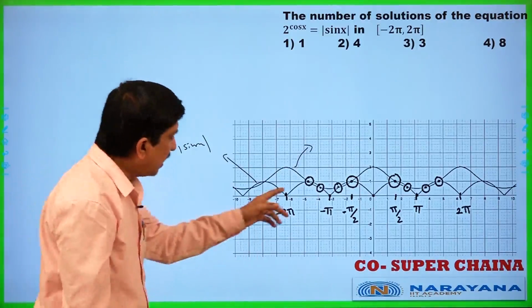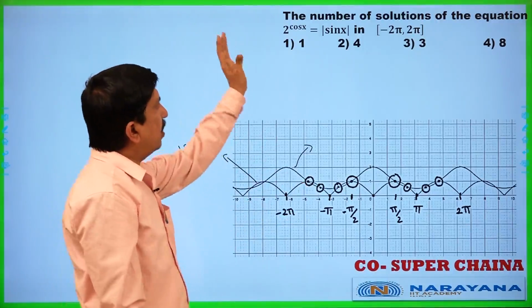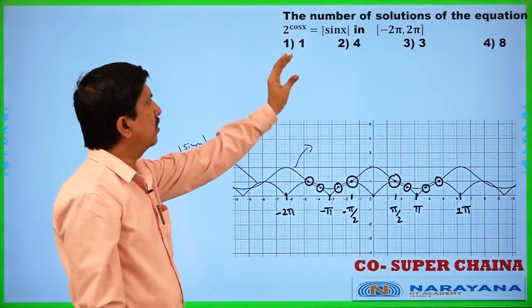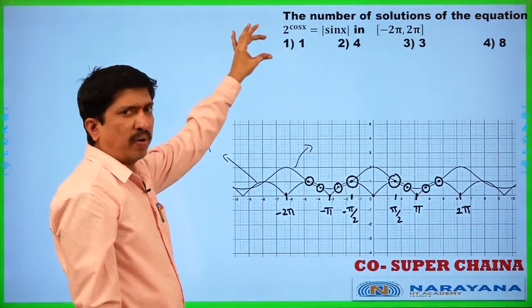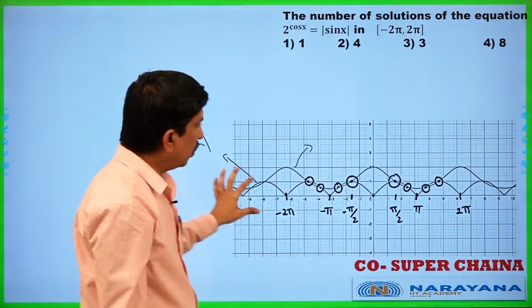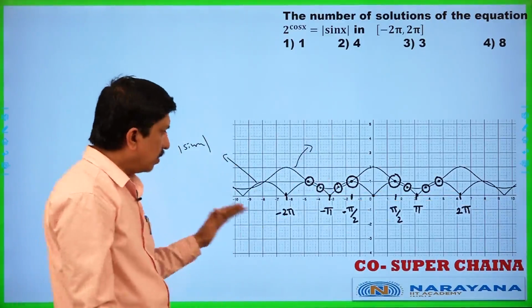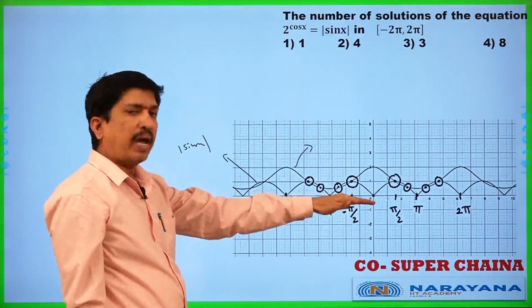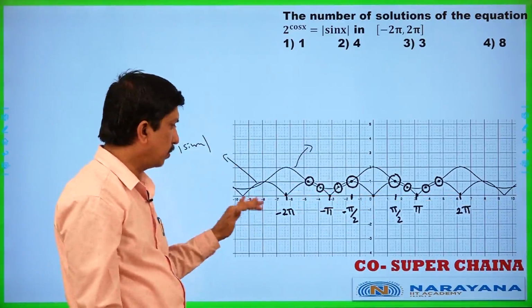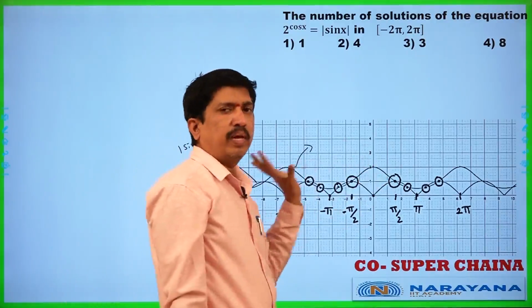So, that is the number of solutions once you observe it. Here the parent graphs, mod sin x and 2 to the power of cos x, you know very well. How to draw 2 to the power of cos x: take the scale of x axis and y axis like that only. After that, mark 0, pi by 2, pi, 2 pi, minus 2 pi, like that, clearly.